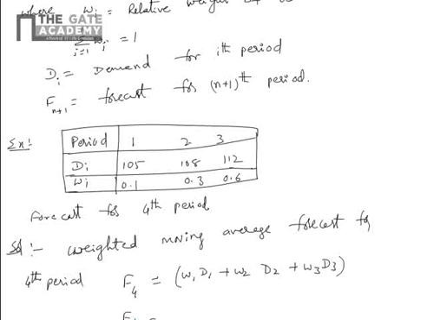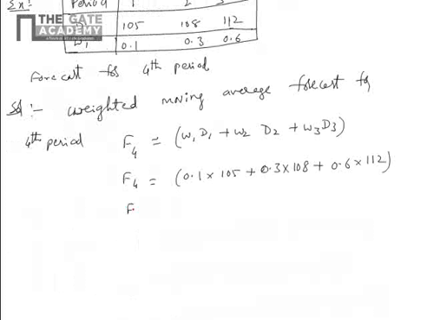So F4 equals W1 is 0.1 times demand 1 which is 105, plus W2 is 0.3 times demand 2 which is 108, plus W3 is 0.6 times demand 3 which is 112. So we get F4 equal to 110.1.